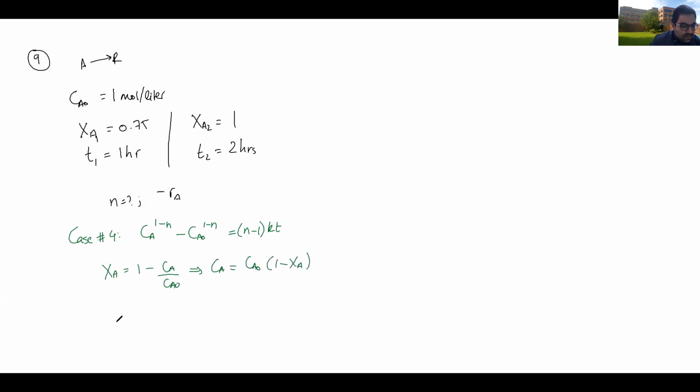If I plug these guys into each other, I'm going to get Ca naught^(1 minus N) into [(1 minus XA)^(1 minus N) minus 1] is equal to (N minus 1) KT, right? So this is the equation we have. So now let's use this expression as our performance equation and plug in the numbers we were given. Okay, so let's try to do this.